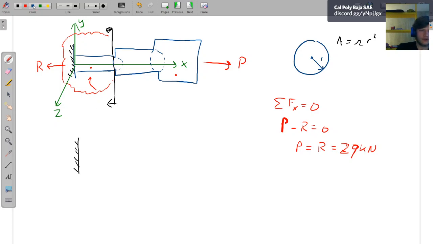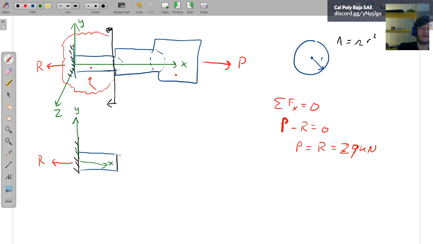For this free body diagram, we've got the cut section here, our cut line right there, and we still said what our reaction is. So we still know that the body experiences a force here. So our coordinate system, I'm going to leave the same. So we've still got x and y, and then z in the oblique direction.